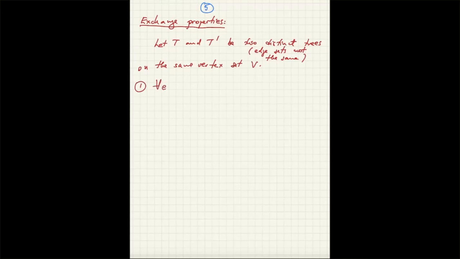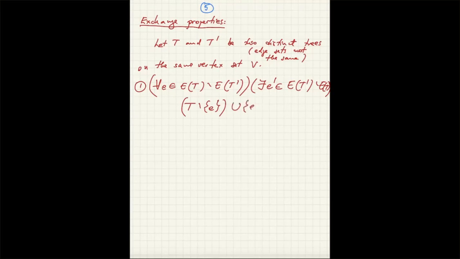For every edge E in T that is not in T prime, there exists an edge E prime in T prime minus T, such that if we remove E from T, we disconnect it, but then when we add E prime, we connect it again, and this is a tree. So that's the first one.